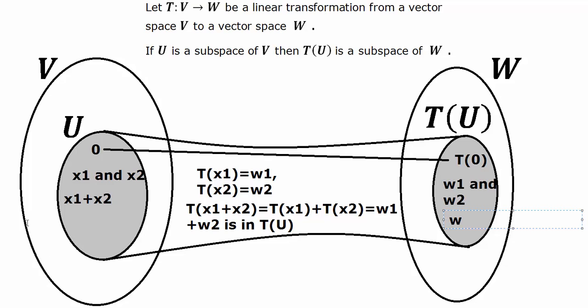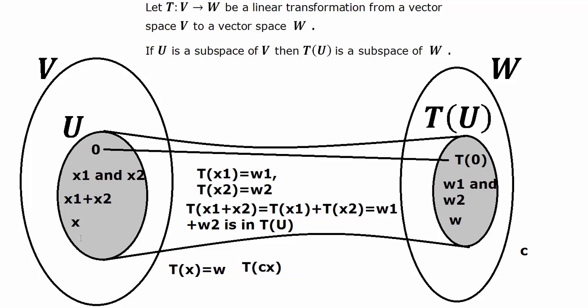So if w is in TU, then again we have an x in U such that Tx is w, and remember we have also taken c, a number in the underlying field of real numbers. So we would like to see if cw can be obtained by taking cx.